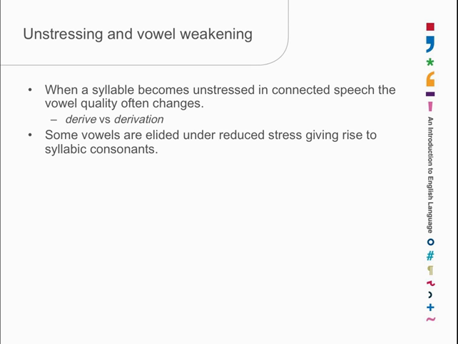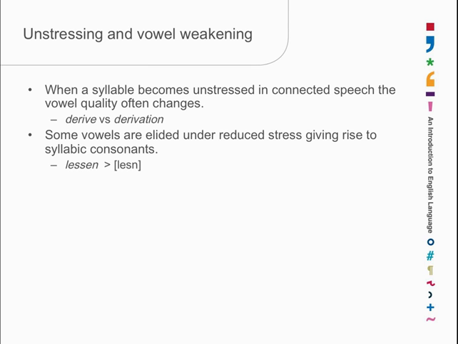It's just that when the stress is taken off that vowel, then the vowel can disappear, and then all that's left is the consonant, which is the remainder. If we say this with equal stress on both syllables, we would say lesson, two syllables, and there is a vowel in the second one.